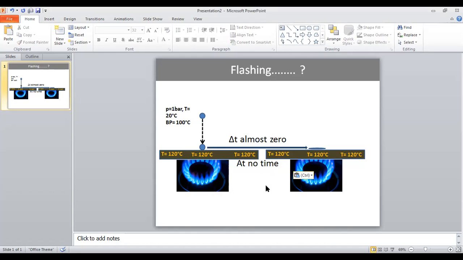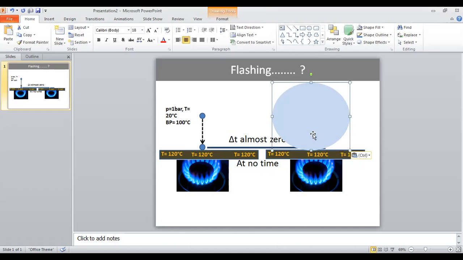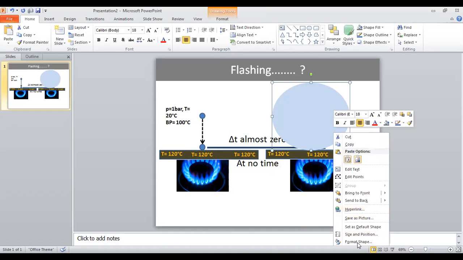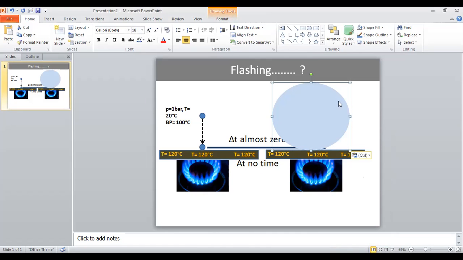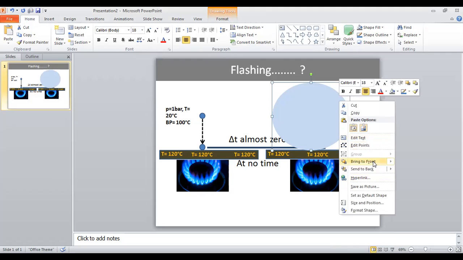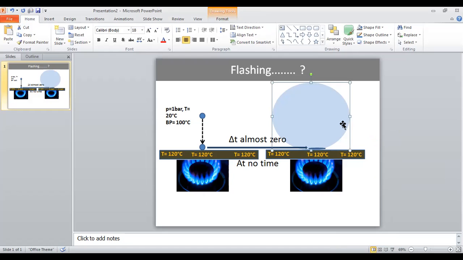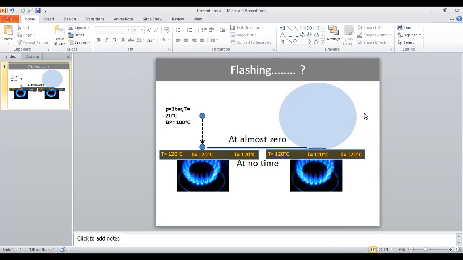So what happens is this water droplet turned into a little flat film immediately becomes gas. Immediately becomes gas.